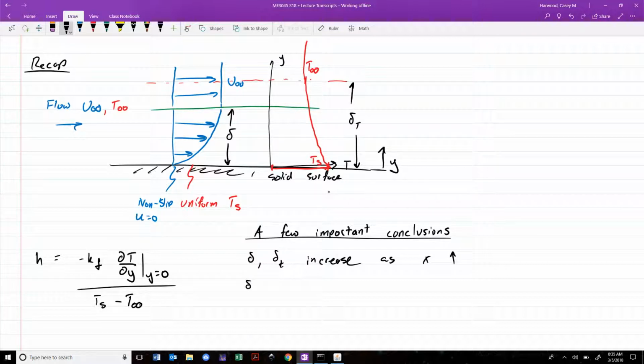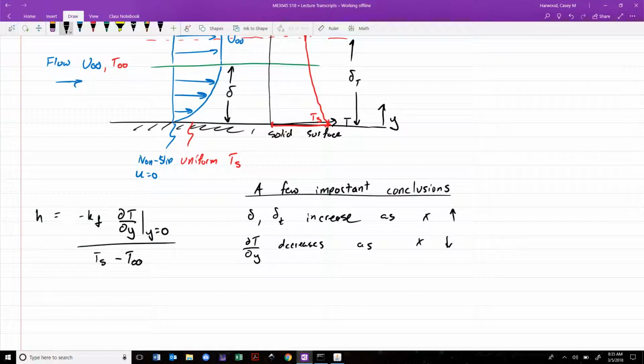As a result, this temperature gradient, dT/dy, tends to decrease as x increases. And following from that, we found that h tends to decrease as x increases.